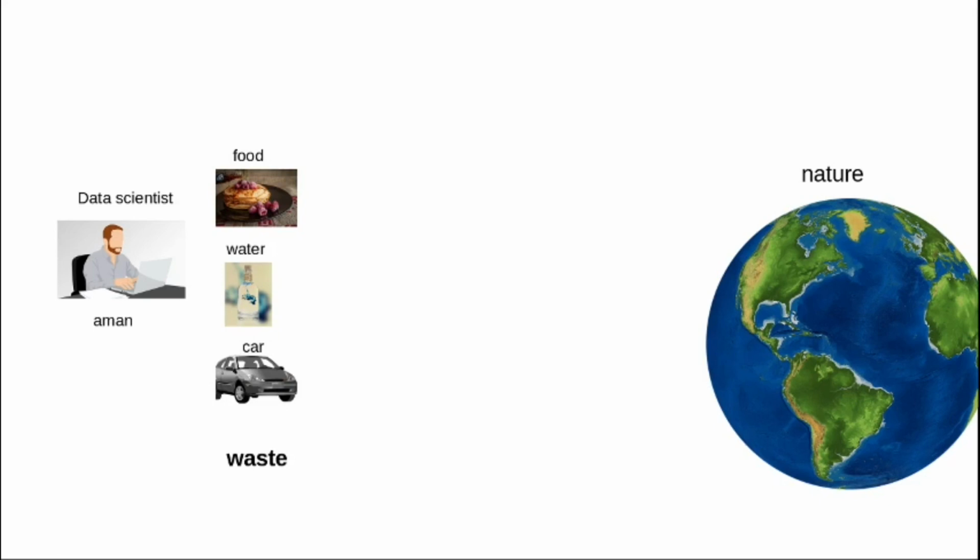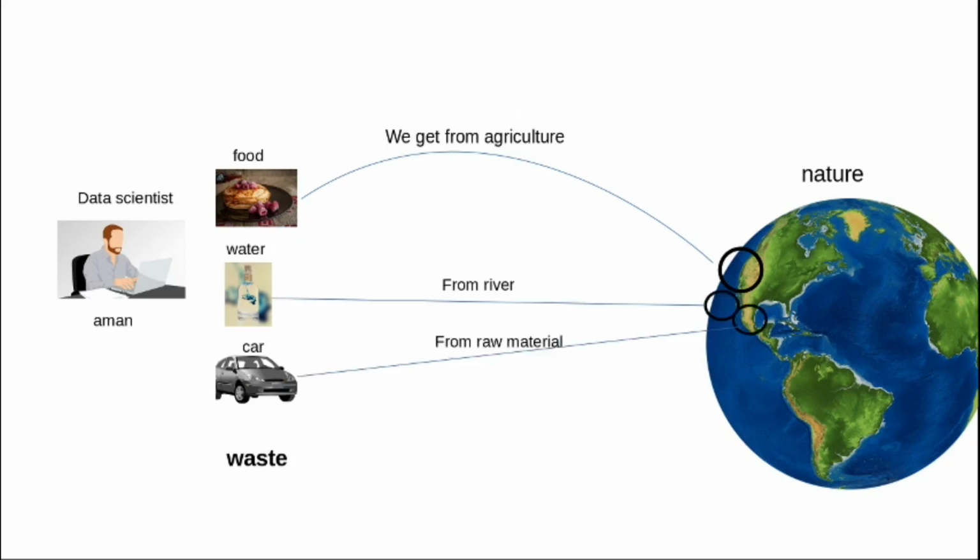And if you observe here, the food we eat, we get from agriculture, and to do agriculture we need land. We can't do agriculture in the air and space. Similarly, we get water from rivers, and we get a car from raw material, like iron and magnesium from the land. And finally, the earth also absorbs the waste we produce, like lots of waste from the kitchen and bathroom.